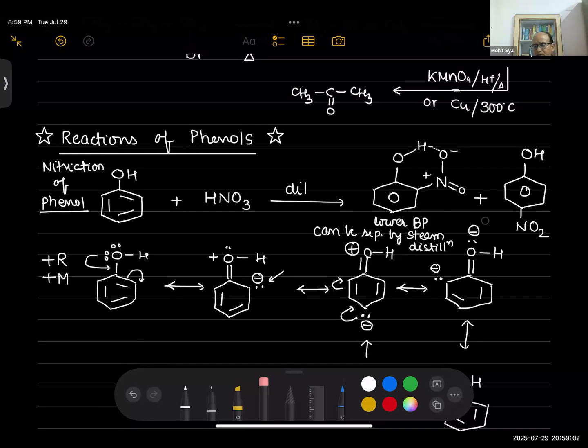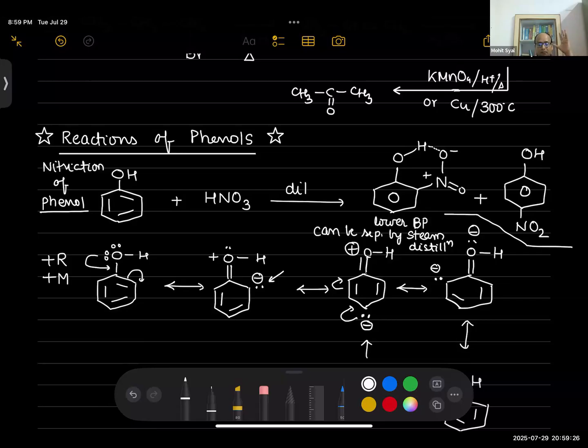What about this one? Paranitrophenol. Is it easy to separate? No. It has got high boiling point, because the OH and the NO2 are opposite.